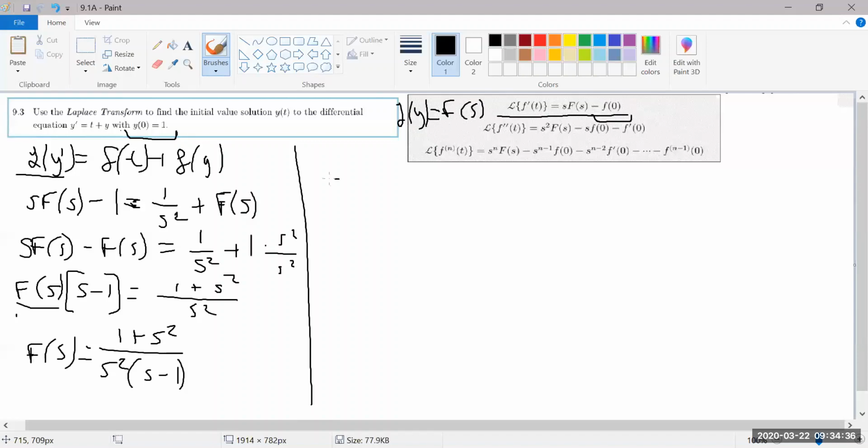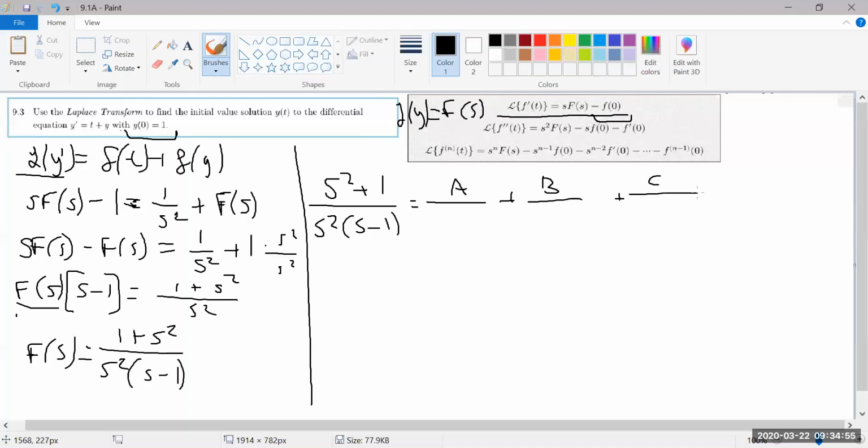So when you're doing a partial fraction decomposition, first write out whatever you're trying to decompose, and then you set it equal to something that looks like this.